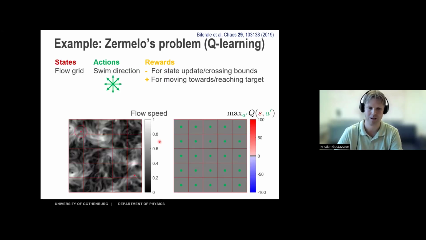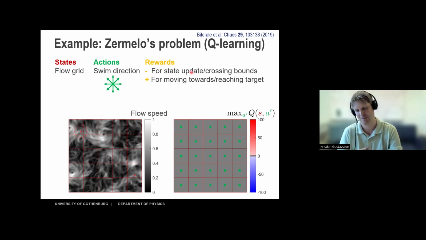So in this case, we partition the 2D space in a number of cells. So similar to the 1D states before, we have 25 cells. And we assume that we can have 8 different swimming directions. And then we get negative rewards for state updates.